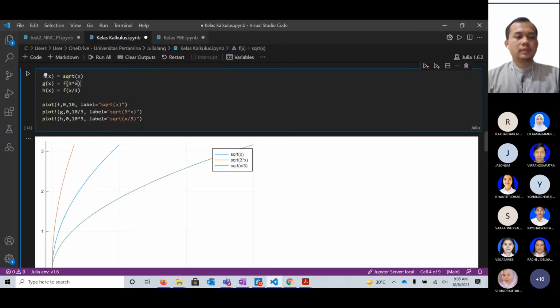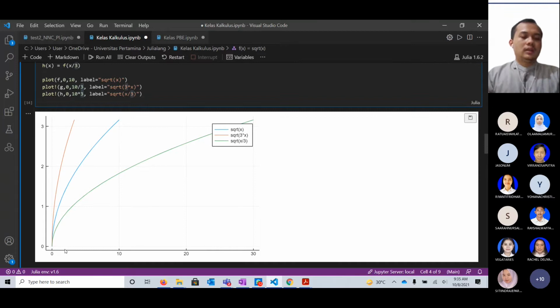If we multiply x by c, we compress the graph horizontally. So that's why previously the graph is this long, from 0 to 10. Now it's only from 0 up to around 3.3 here, because we compress it by 3.